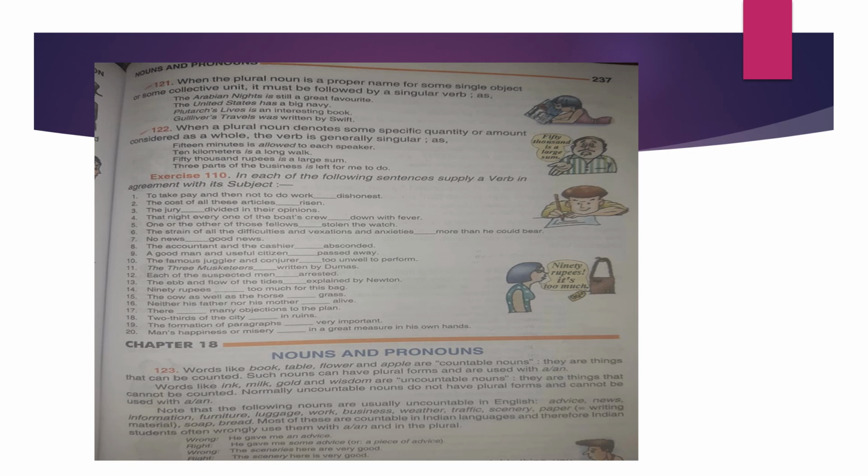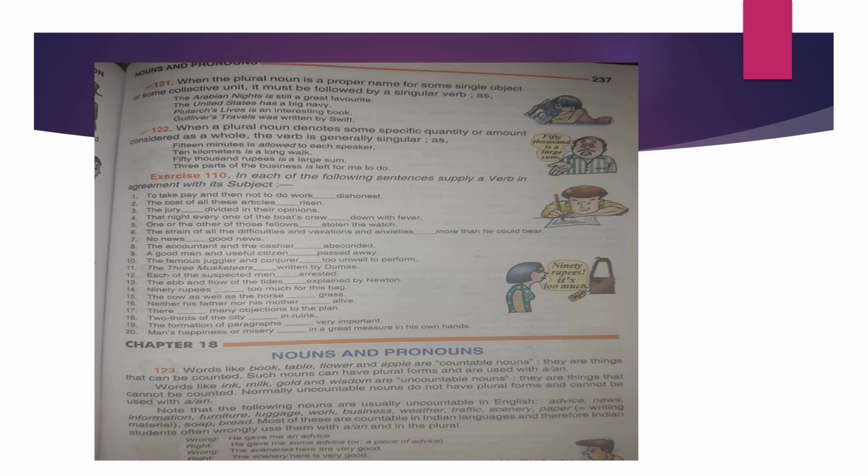So they have said this earlier, that whenever the plural noun is a proper name for some single object, so it's a proper name. If we are using "Arabian Nights", again it's a proper name for a book or a novel. And "The United States has a big navy" over here. In "United States", S is there, but again it's a proper name.